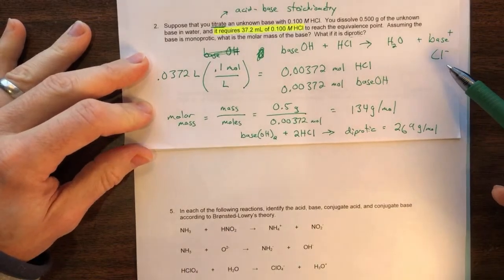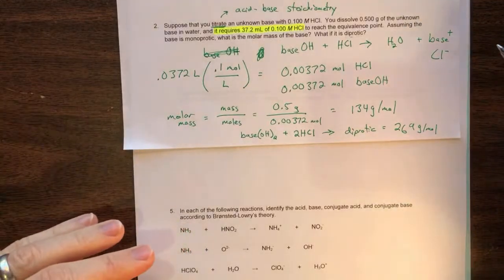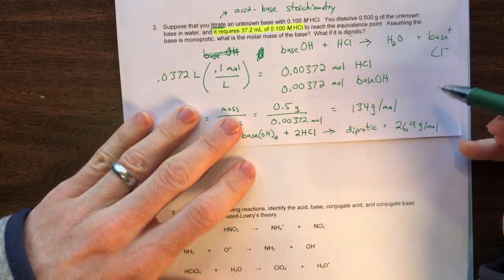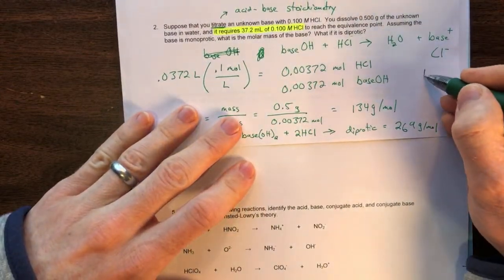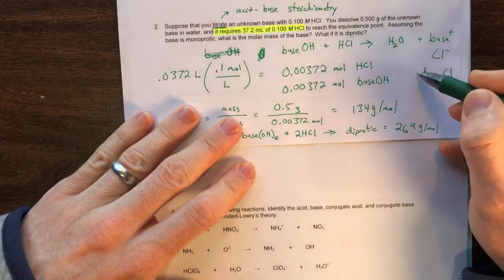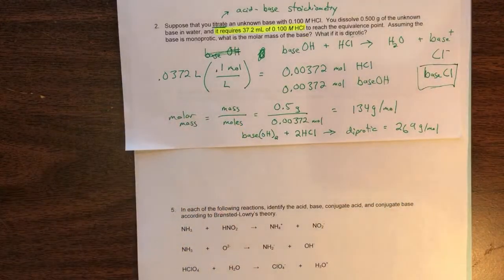The Cl minus didn't just go away. It was just an ion floating around. So I suppose you should say, rather than base plus, this would be base Cl. And so that would be essentially your product there.